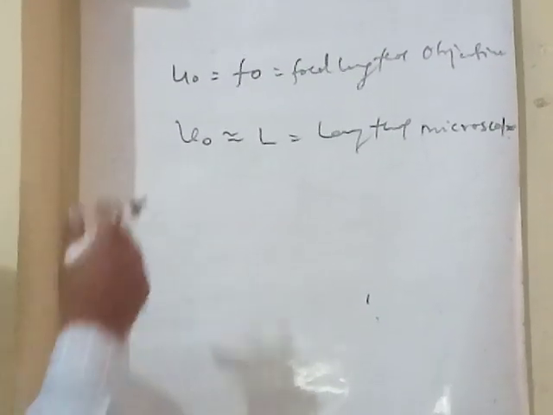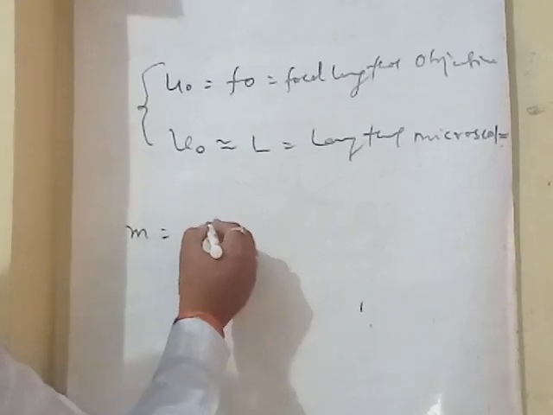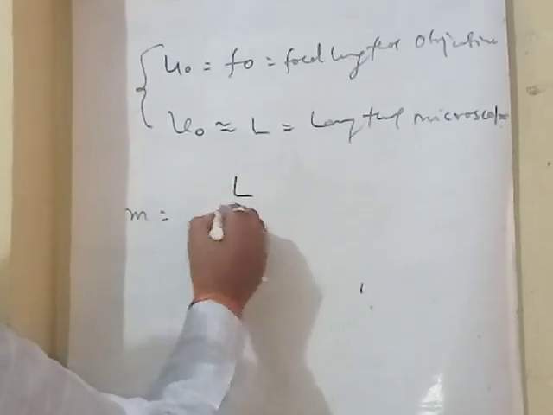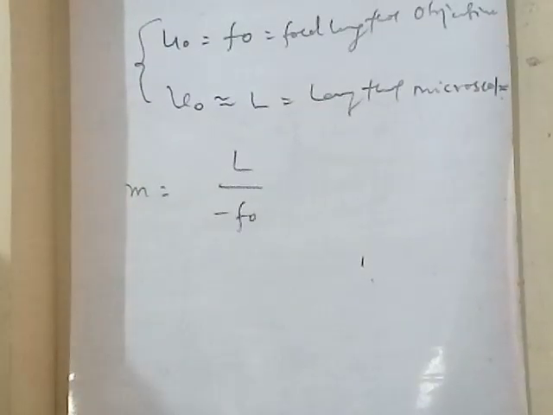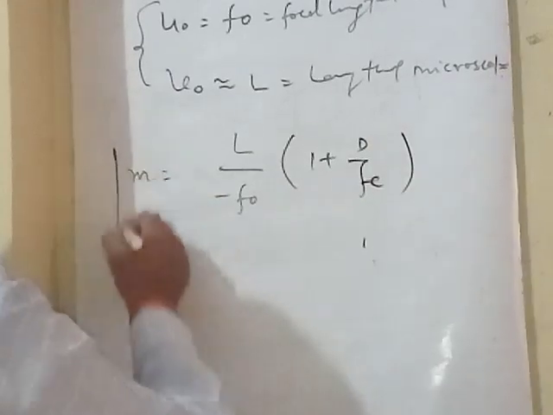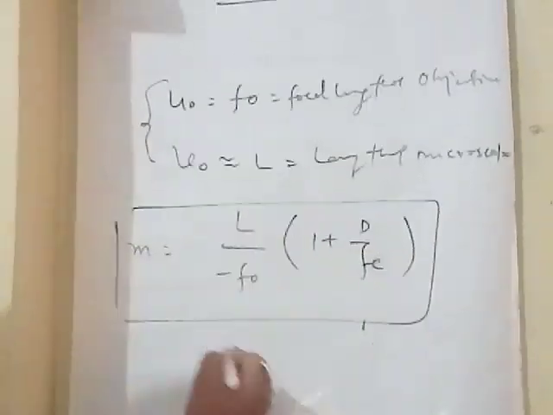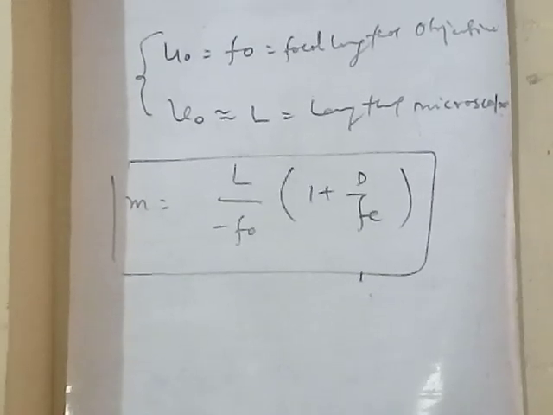Using these two, the new expression may be written as m equal to L by minus FO into 1 plus D by FE, or the negative may be omitted by using the mod of FO.